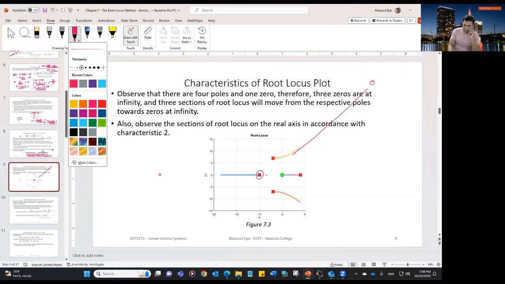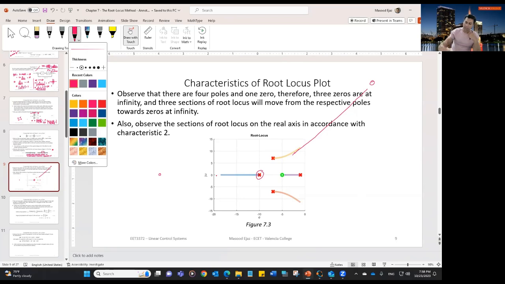Now observe, this is not part of the root locus because on the right-hand side, you have 1 zero and 1 pole, which means you have an even number of poles and zeros. Here, you have 1, 2, 3, 4, 5, an odd number of poles and zeros. That's why this whole section on the x-axis is part of the root locus.